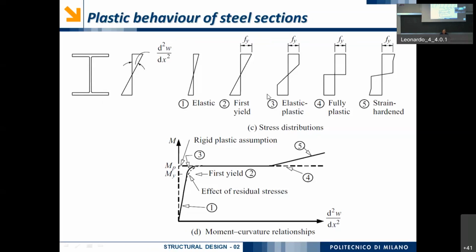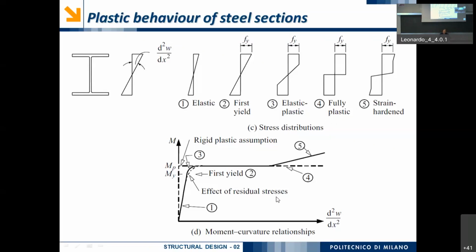When we enter in elastic plastic range until fully plastic range, we have a non-linear behavior like this, and afterwards I have a constant value, okay?